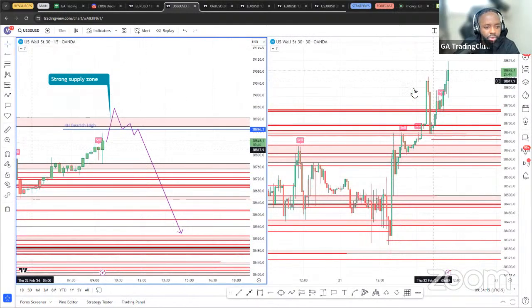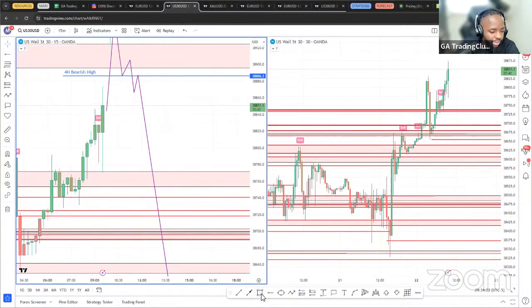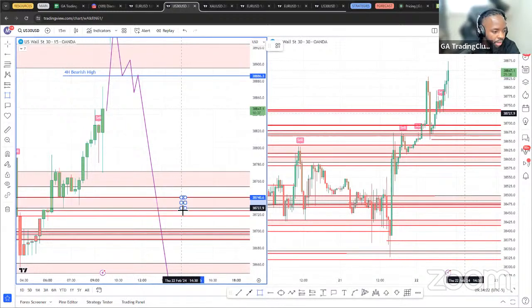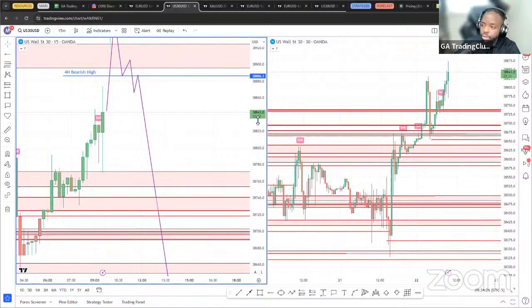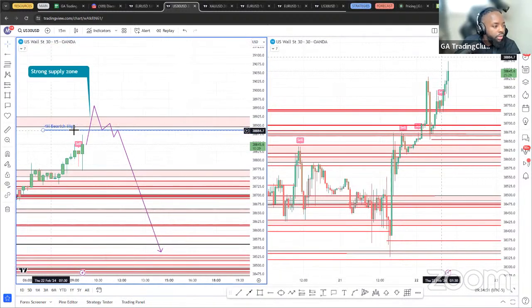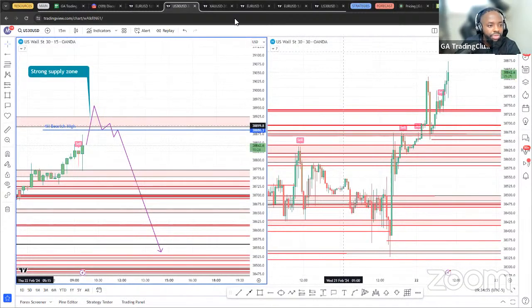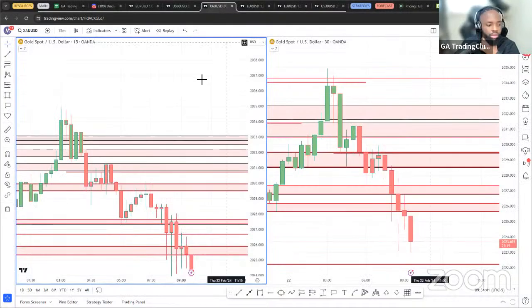That's the pattern I look for, but we don't have any SAR zones around where price is right now. I'll just mark some of these other zones that it created on the way up. And on the 30-minute, nothing as well there.